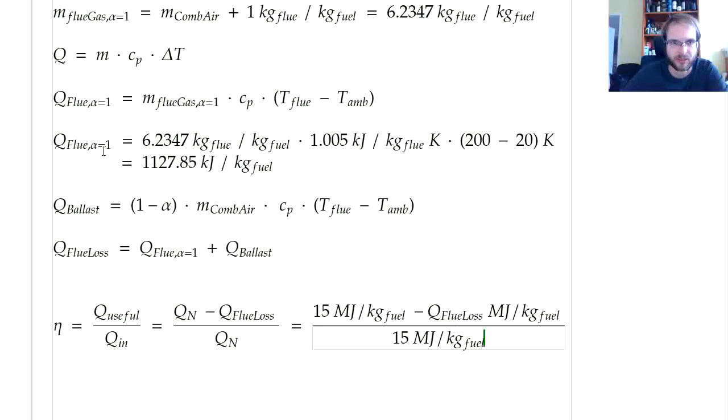For alpha equal 1, the loss is 1.128 megajoules per kilogram of fuel.